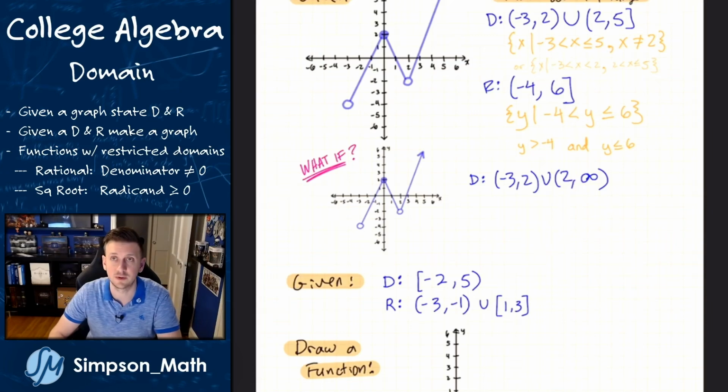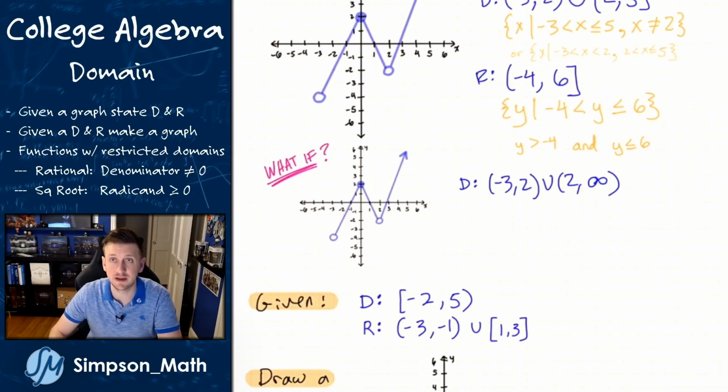So infinity, close parentheses. In terms of the set, it's basically the same thing, but instead of it stopping at that, I don't have to use a compound inequality. You could, and I've seen it; it is proper. It's okay to say less than or equal to infinity. That's cool, but to me, that's just unnecessary writing.